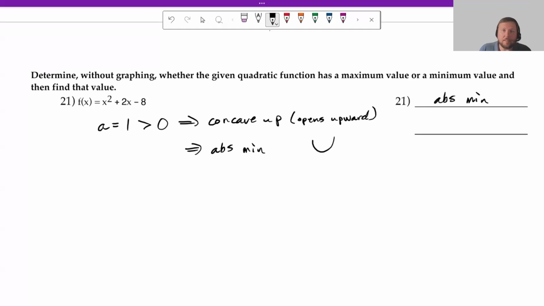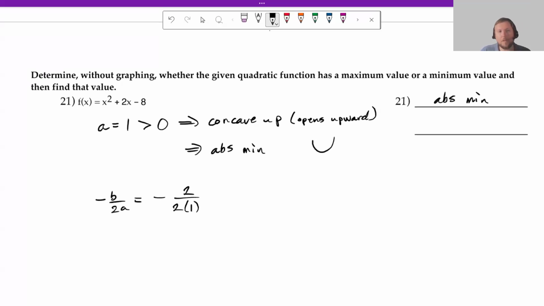Okay, what is that absolute minimum? Well, it's going to be at the vertex. So let me just take out that nice little vertex formula, or if you wanted to, you could complete the square and get the function into vertex form. That would also do the trick for you. But I think that most of you like the formula better.